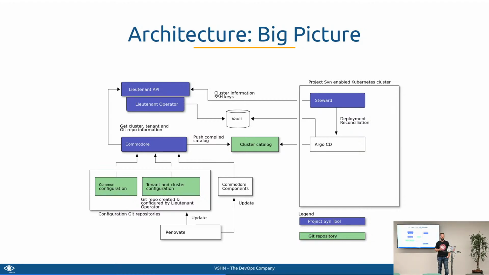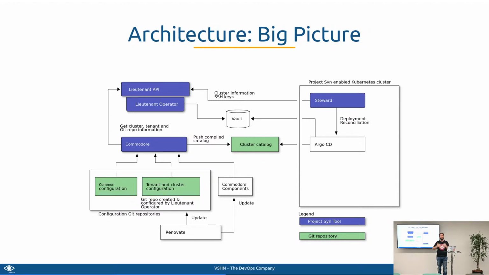Commodore is the configuration generator. This tool uses Kapitan in the backend to actually do the hard work, and it is mainly a wrapper around it. It connects to Lieutenant, collects all the information about the cluster, feeds this information into Kapitan, and then generates configuration files. These configuration files are then stored in a Git repository per cluster.